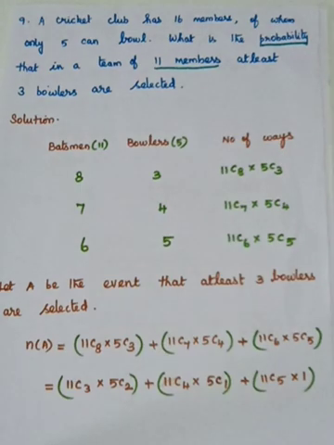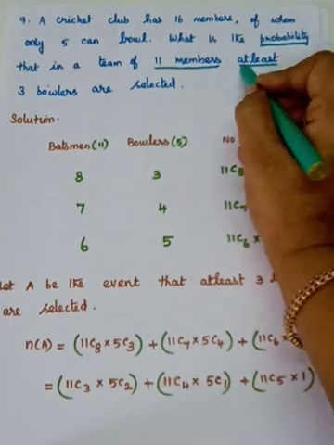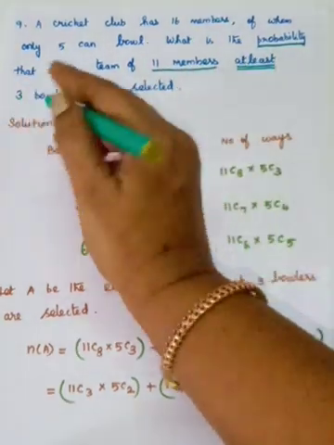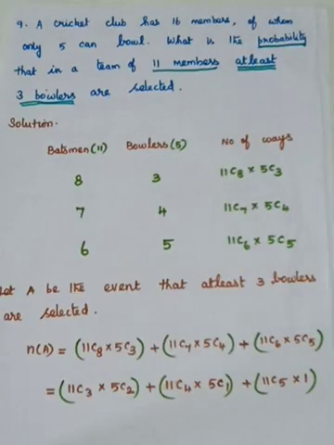The team of 11 members is selected with the condition that at least, this word is very very important, at least 3 bowlers are selected. So at least 3 bowlers, we can have 3 bowlers, 4 bowlers, 5 bowlers.